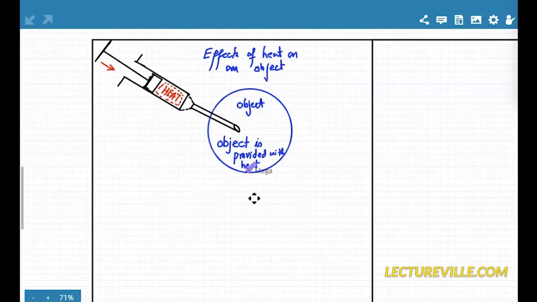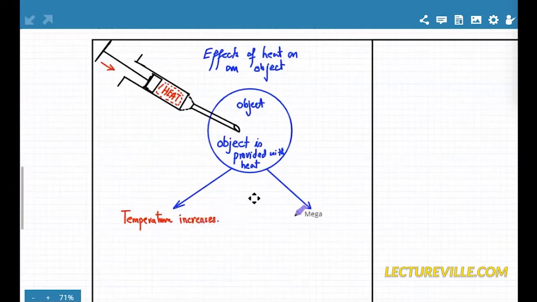One possibility is that temperature increases.